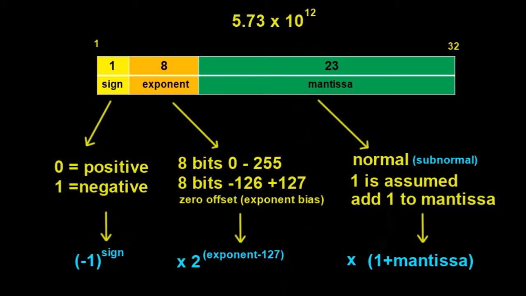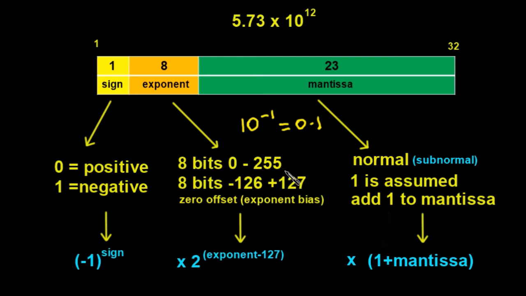For example, if I was to write the number 0.1 and we wanted to represent it, well, 0.1 is the same as saying 10 to the power of minus 1. So that would be 10 to the minus 1, and that is equal to 0.1. That means in order to represent fractional values, we have to have the exponent with a negative value as well as a positive value.